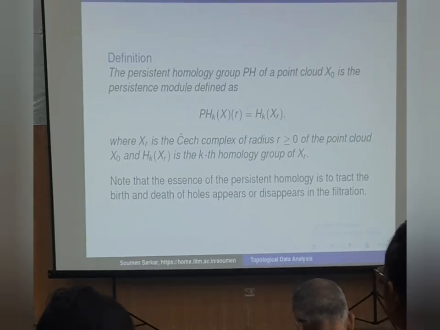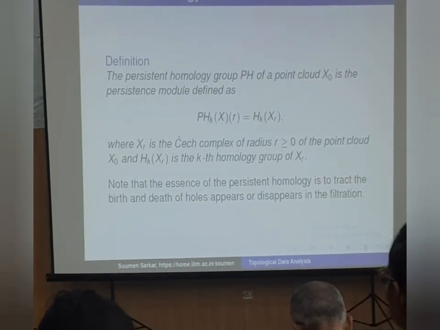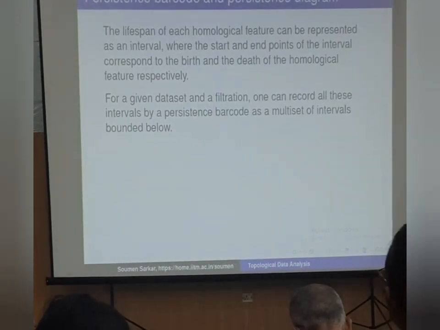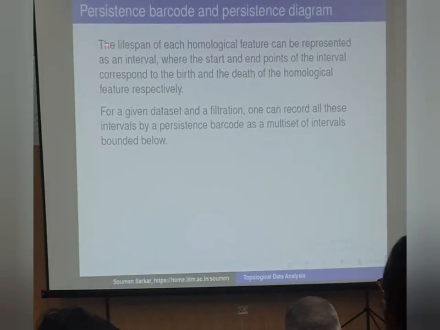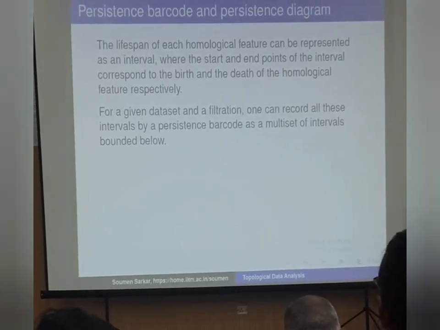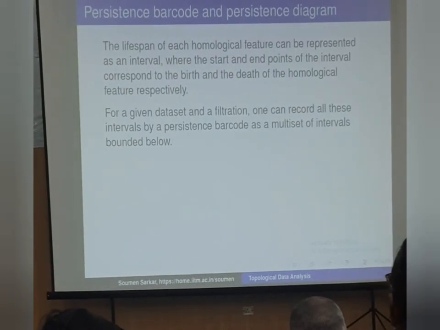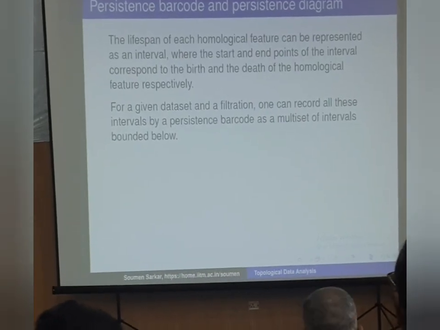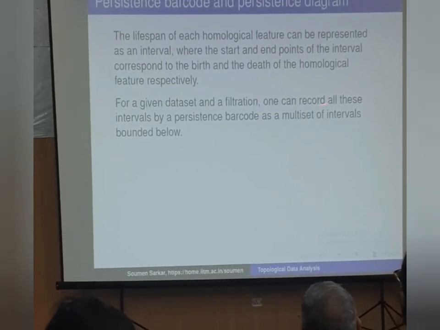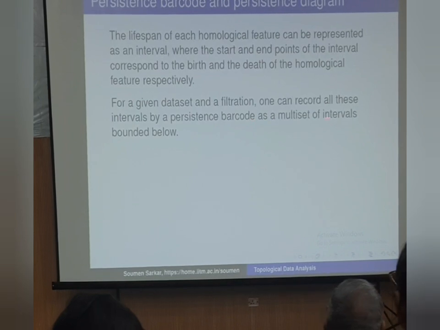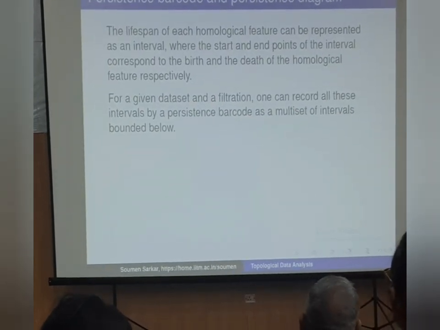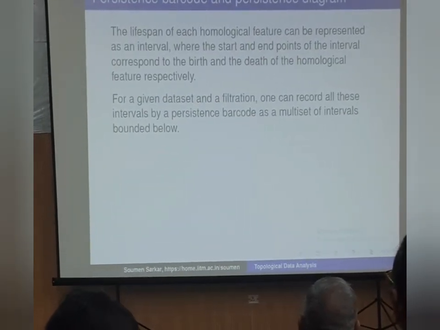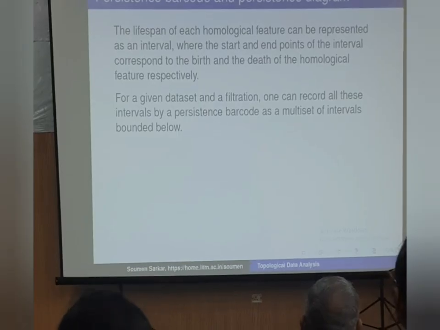That birth and death we can represent by some bar representation, and those barcodes are called persistent barcodes. A persistent diagram also will come: for a given data set and a filtration, one can record this interval as a persistent barcode, and then the two points B, D can be put as a point.